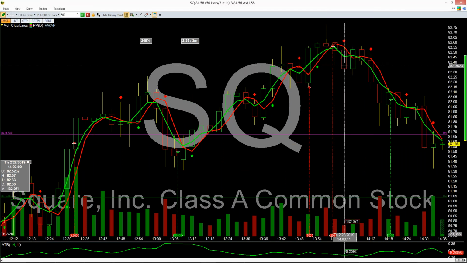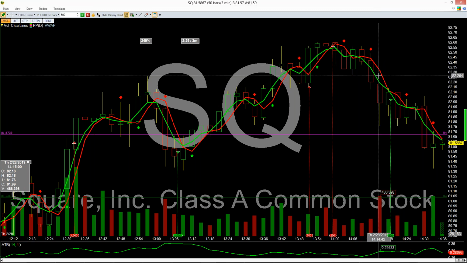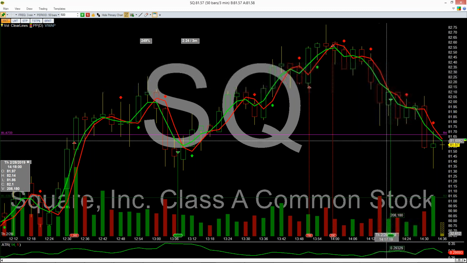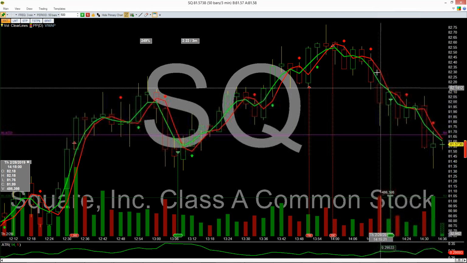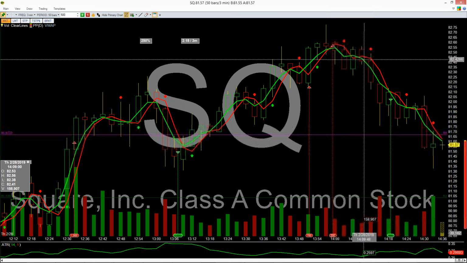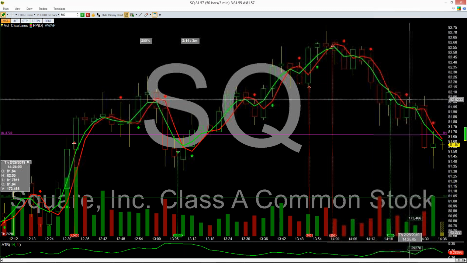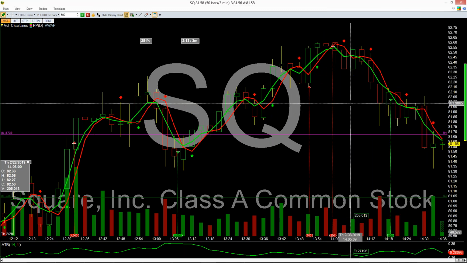So that would have been 3:03. It gave another one, a second one, at 3:12. All right. So you got multiple arrows on the downside on the 3-minute. Continuation move. So you can add when you get more arrows.